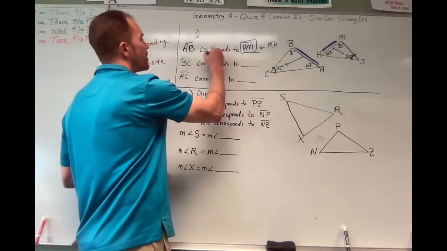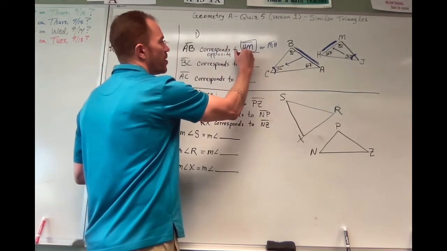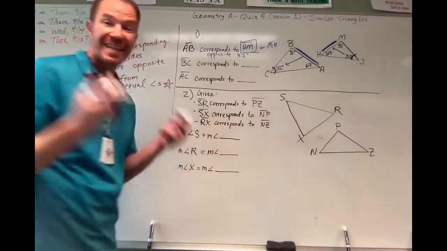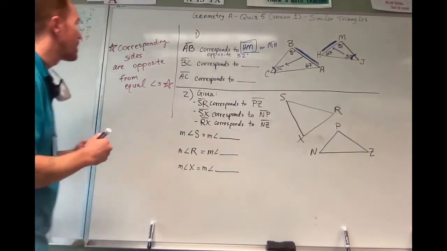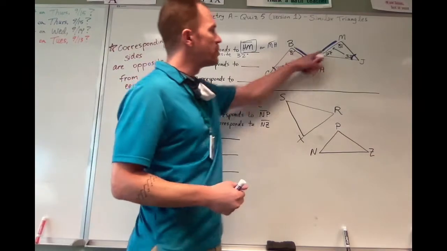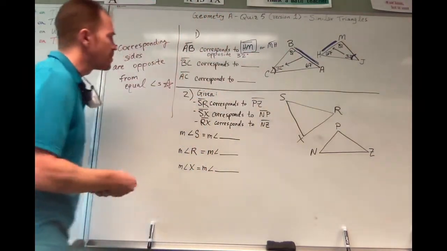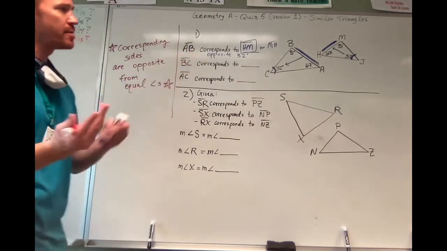So here we're opposite from a 32-degree angle. That's how I know they're opposite from the same angle. Corresponding sides are opposite from equal angles. Opposite 32, they correspond.